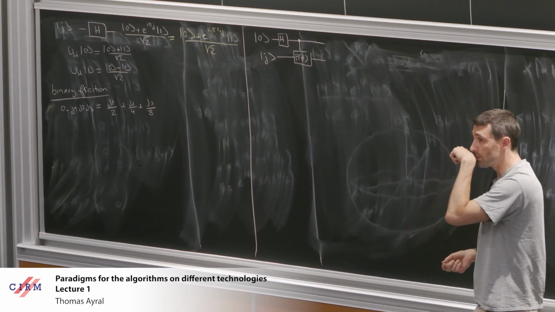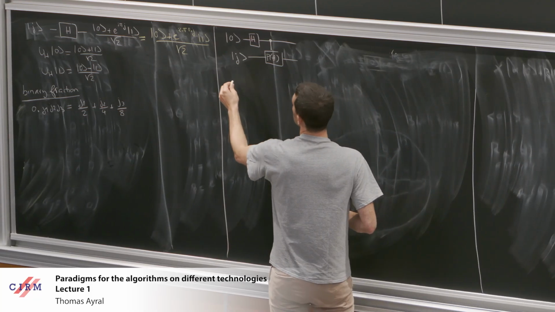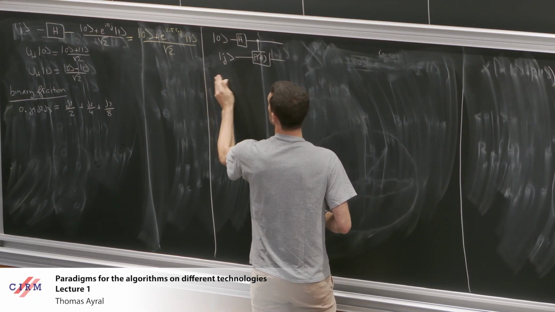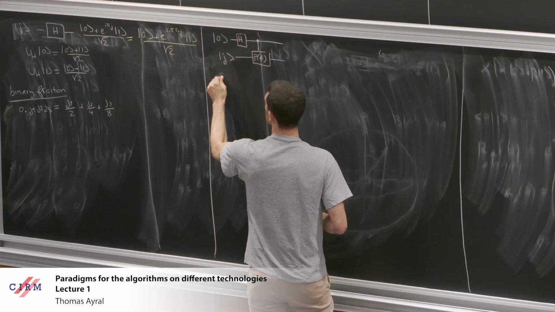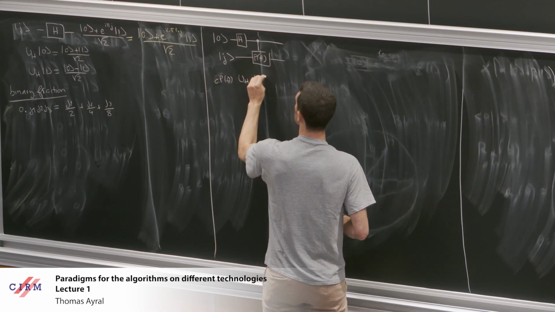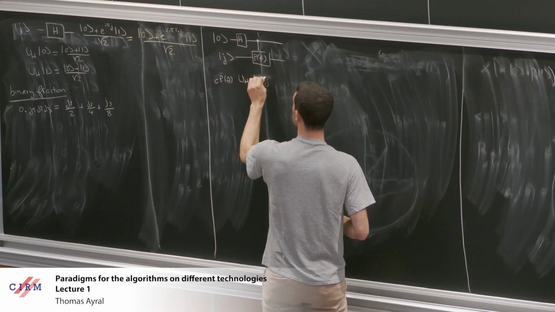So let's see. Now, if I do things carefully, then I do the controlled phase times the Hadamard times 0, times j.